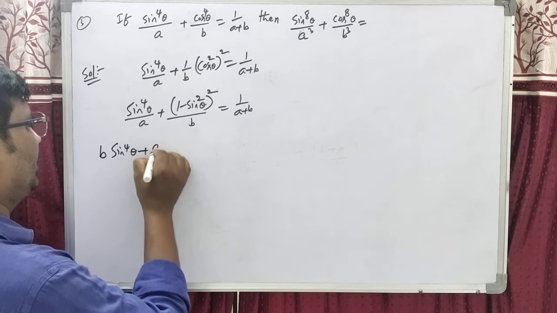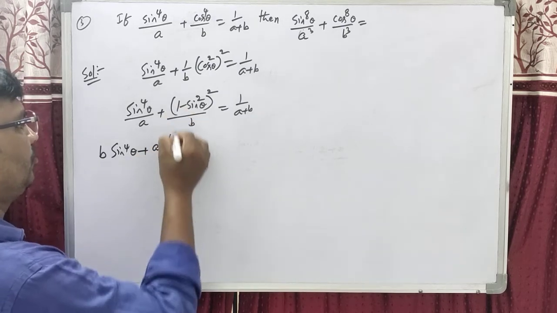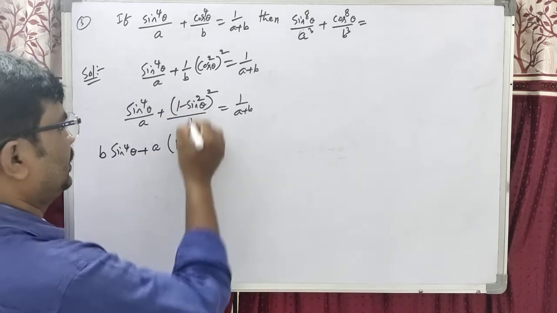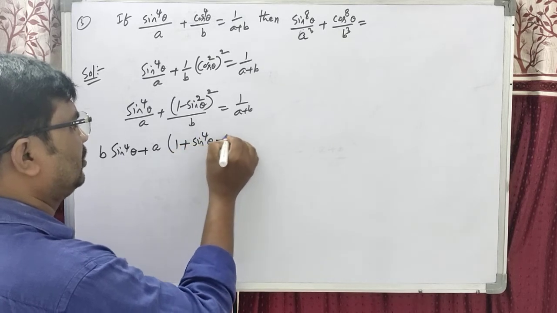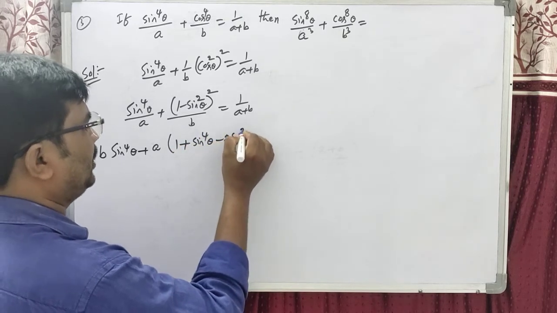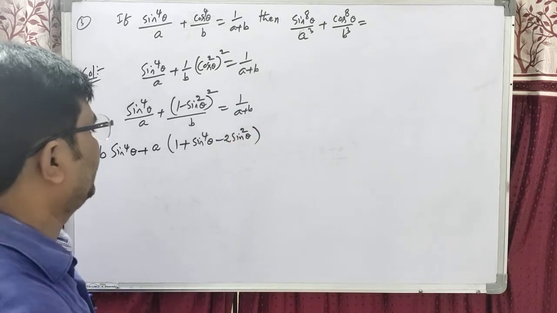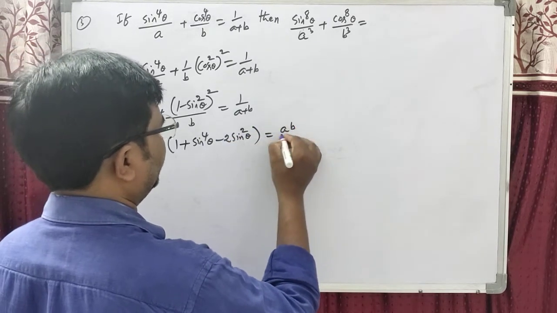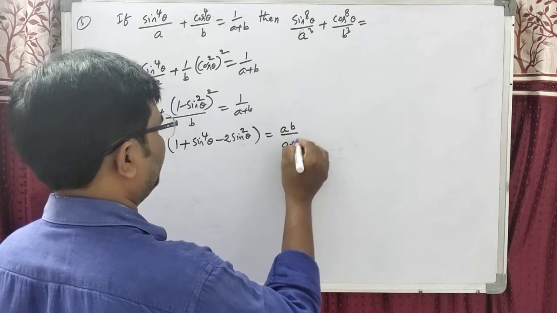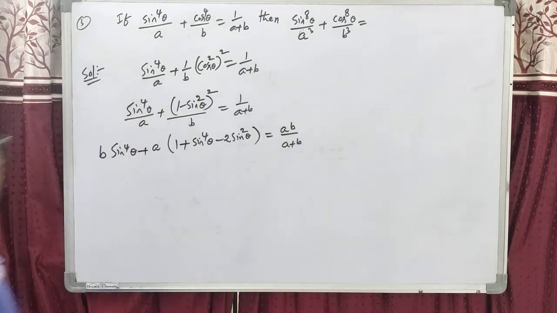Now a into what students? Here we got 1, (a minus b) whole square, a square b square minus 2ab. Okay, the LCM is sent to the other side, ab by (a plus b).